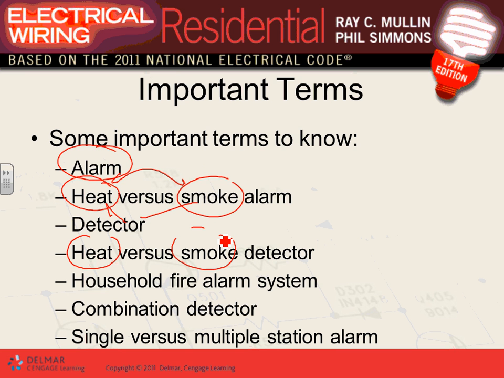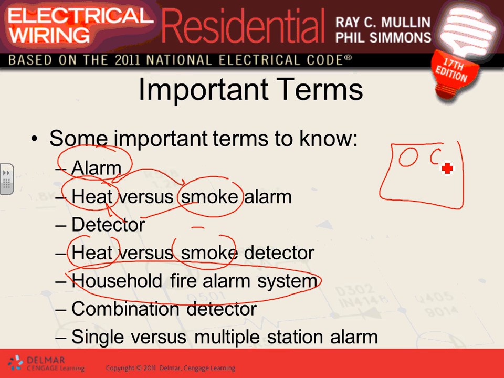Household fire alarm system is made out of a combination. You're going to have three things in it, guys. You're going to have a smoke detector, a horn, and a strobe, all in one. Can I get you guys to understand that one?